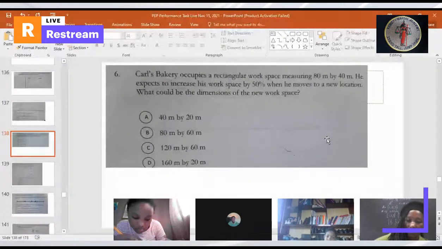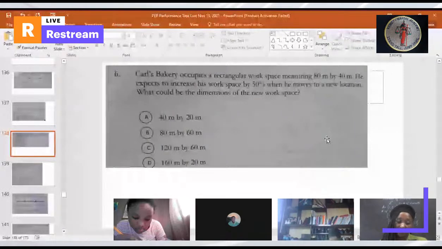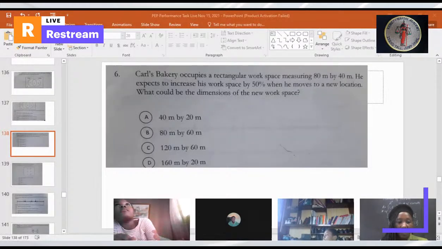Miss, that is B. So do you see where you went a little sidelined in thinking? You were focusing on increasing the length and the width by 50%, but you should be thinking in terms of increasing the area of the space.